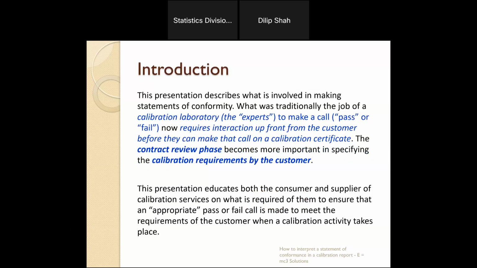But it is no longer the same kind of thing, because you could have the same item used by more than one different end user, and their requirements may be different than what you would call a pass or fail. Those are the kind of things that, as modern science and technology evolves, make it more complicated, and that is what we're going to talk about here.